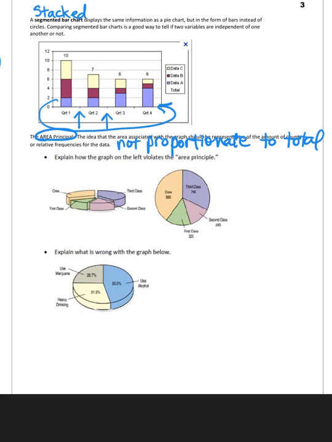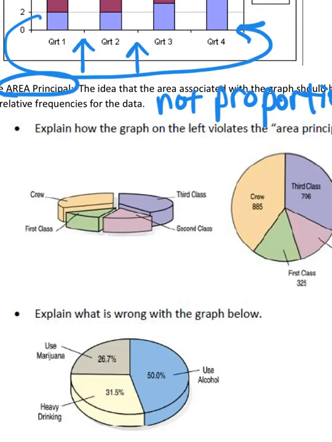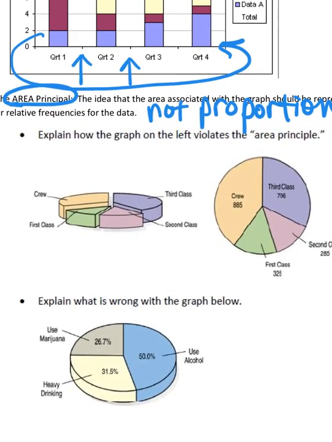Okay? So you can even have it such that incorrect conclusions are drawn because of the misproportionality of the pictures.